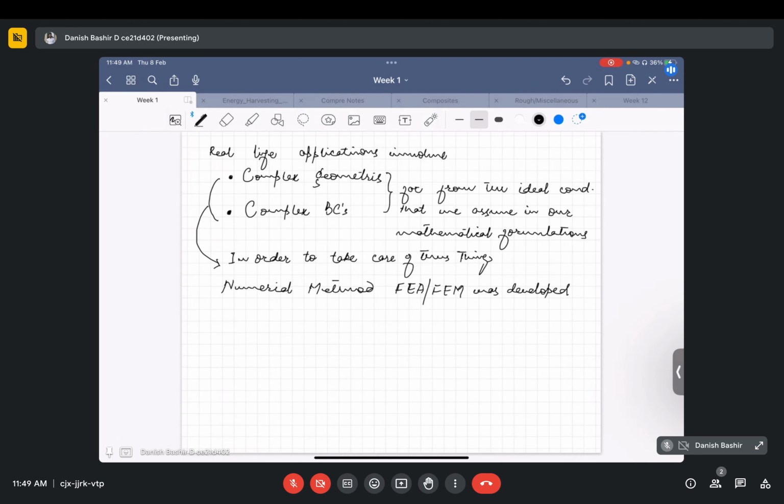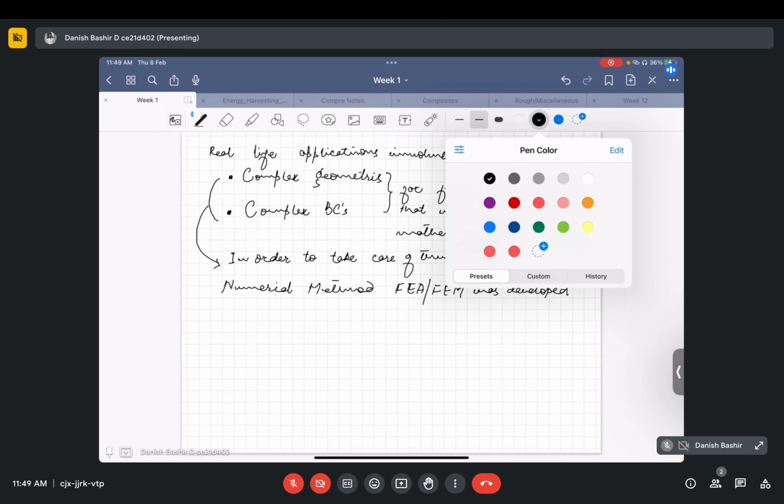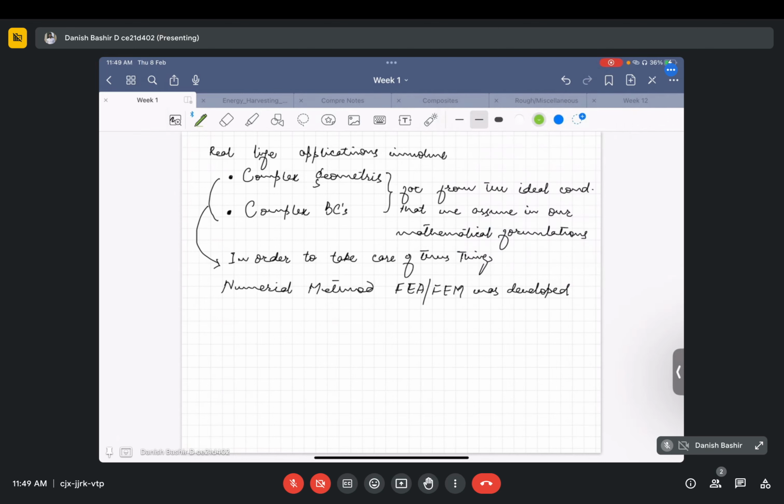Now, you will have a bigger picture of why the finite element method was actually developed. It was developed to solve differential equations which involved complex geometries and complex boundary conditions that existed in our day-to-day life problems.